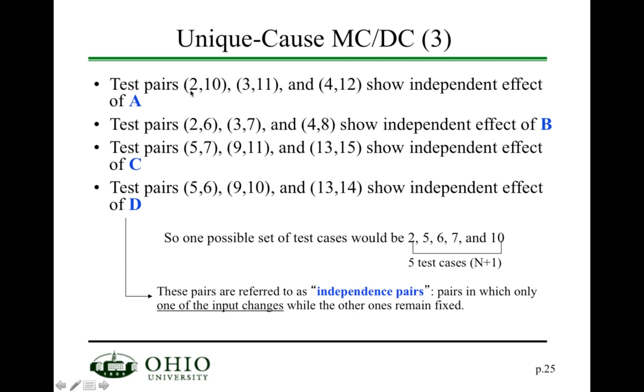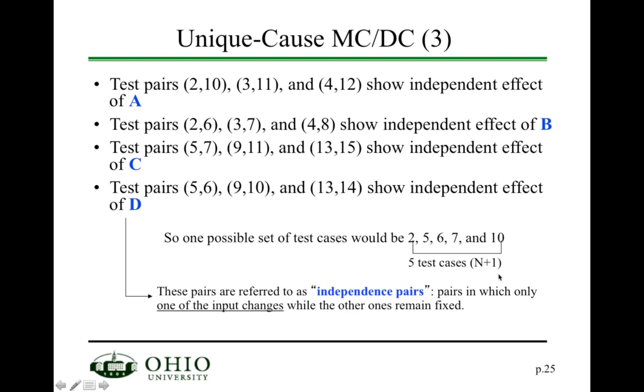For example, if we take 2, 5, 6, 7, and 10, then 2 and 10 cover A, 2 and 6 cover B, 5 and 7 cover C, and 5 and 6 cover D. So these 5 test cases will be sufficient to do unique cause MCDC.